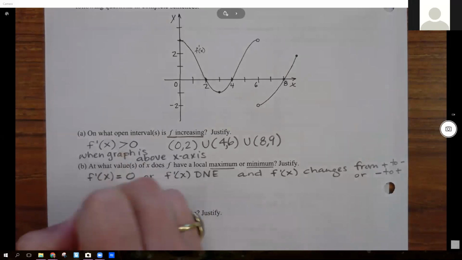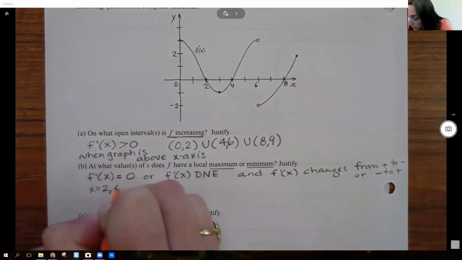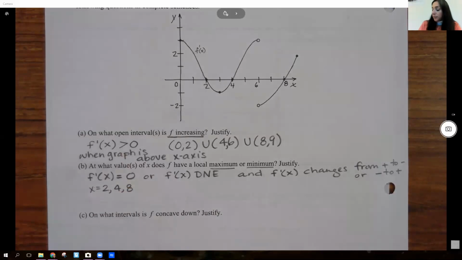Good. X equals 2, 4, and 8. Perfect. How about where the first derivative does not exist? At 6. Right, good.